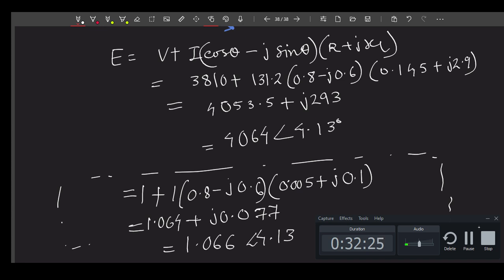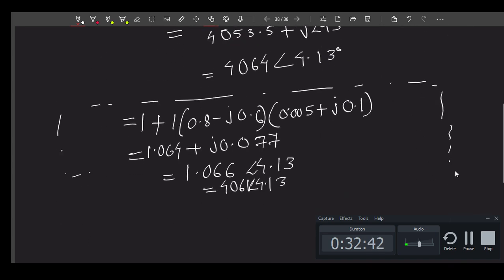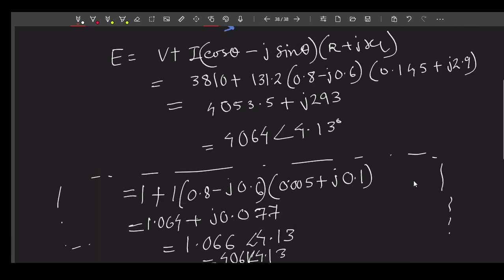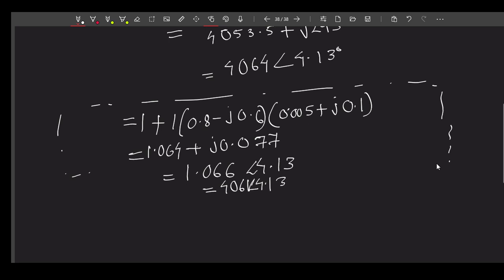We are getting 4061.46. So means more or less 3 volt difference in the scale of 1000 volt. It's negligible, right? So it's very clear that we can go for this one also.